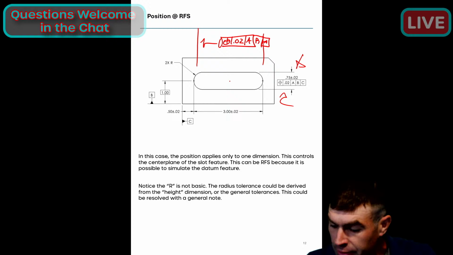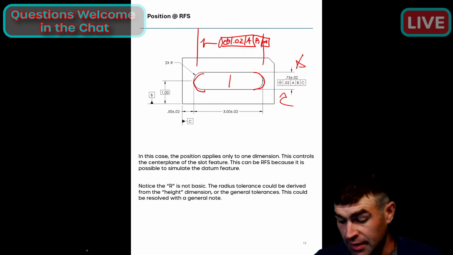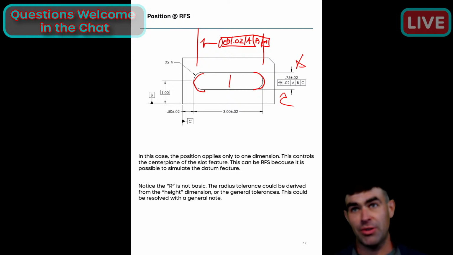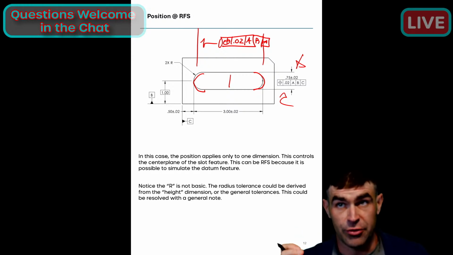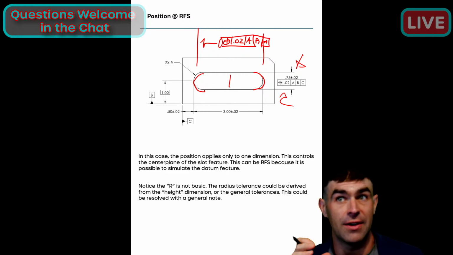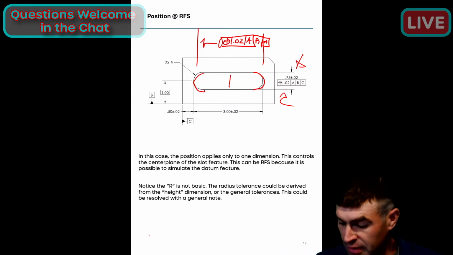I don't know what you're getting from this width feature, right? I mean, I've heard all sorts of stuff. I've heard, oh, you get an axis, you get a point, you get a center plane. It's just not clear to me. And you can look in Y14.5. They give a description of an extruded feature like a pill shape as a datum, but that's different from what we're talking about here. So I just don't recommend it.